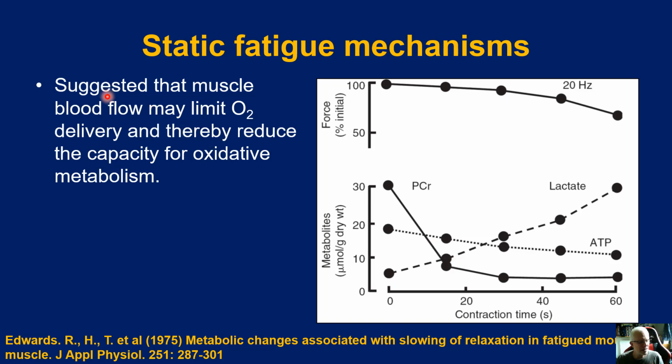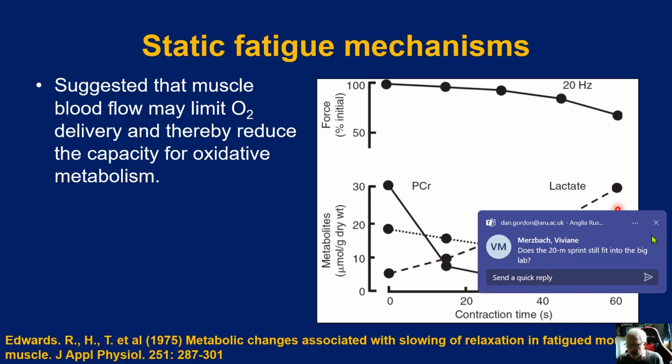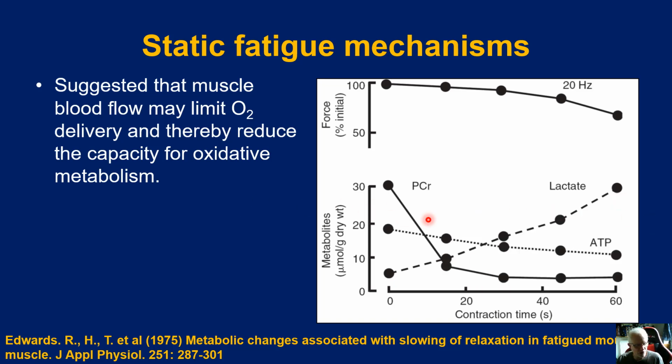Well, the limiting factor, oddly, seems to be oxygen availability. That seems really odd because, one, we've not referred to it in this slide, so where's the connection between oxygen availability and these changes, particularly in PCr and lactate as our proxy indicator of glycolysis?